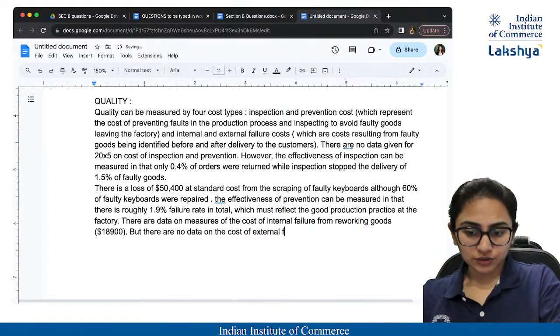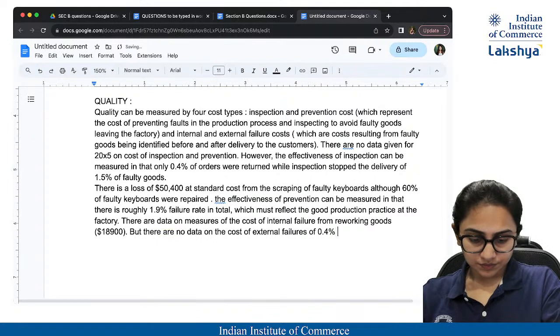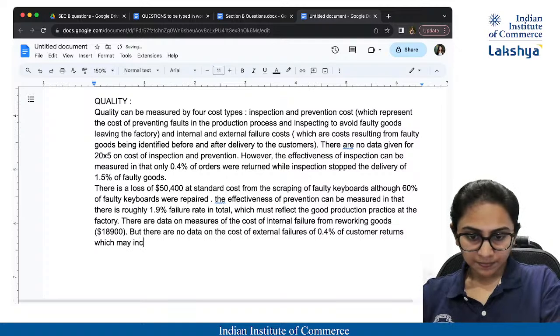That data we do not have, which may incur further repair or warranty claim costs.